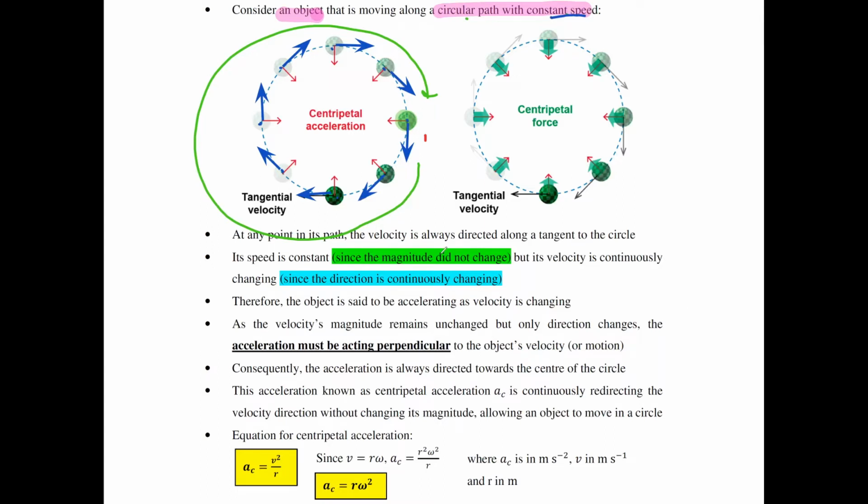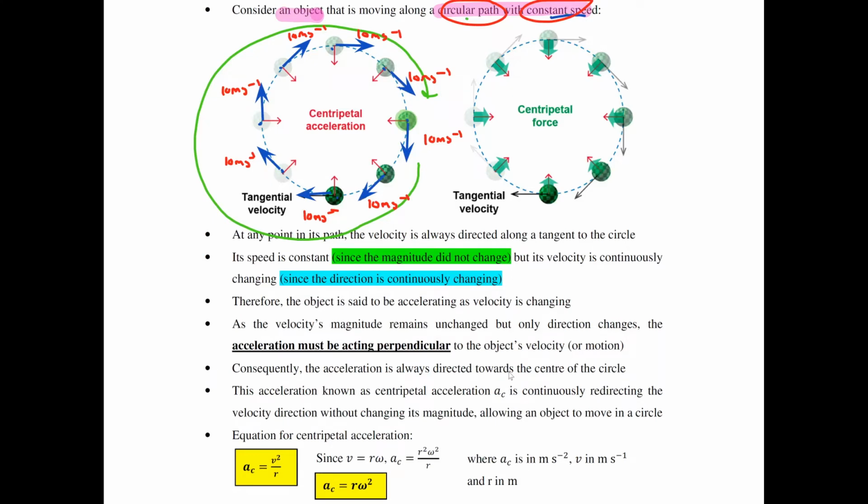Let's say this one was at 10 meters per second, then at all the other points, the linear speed would remain the same. This is what we mean by something moving in a circular path with constant speed. The linear speed or the instantaneous speed remains the same throughout.